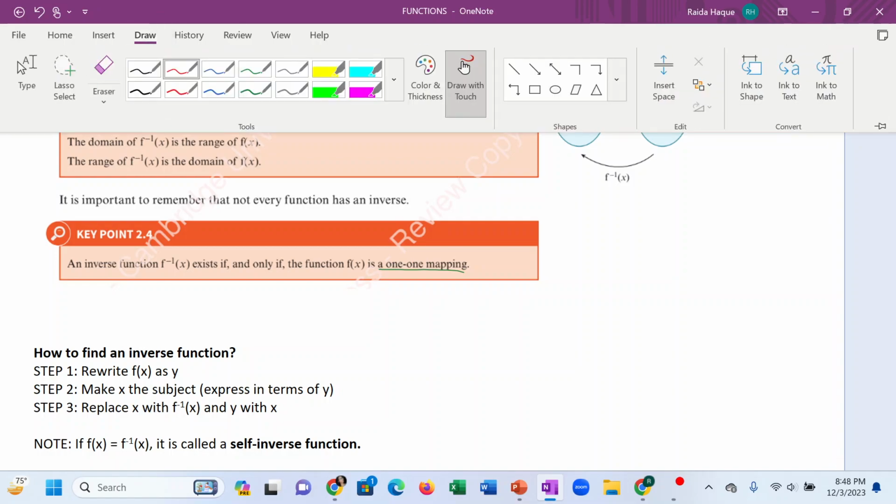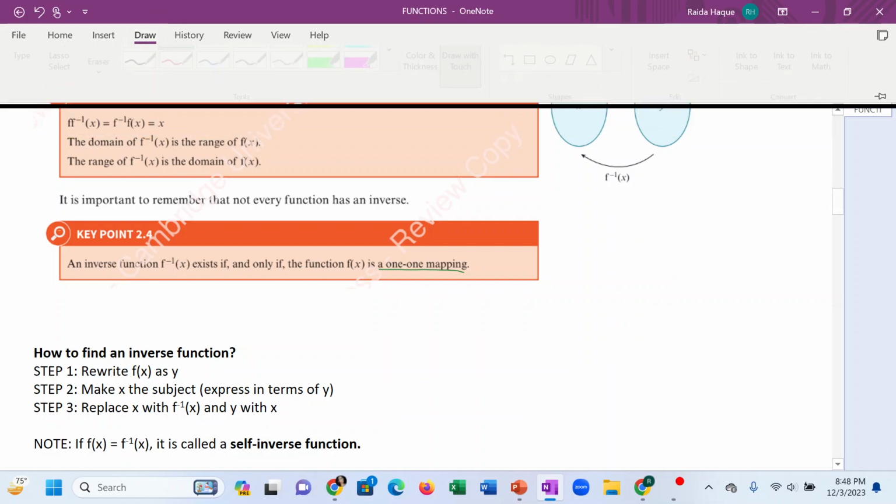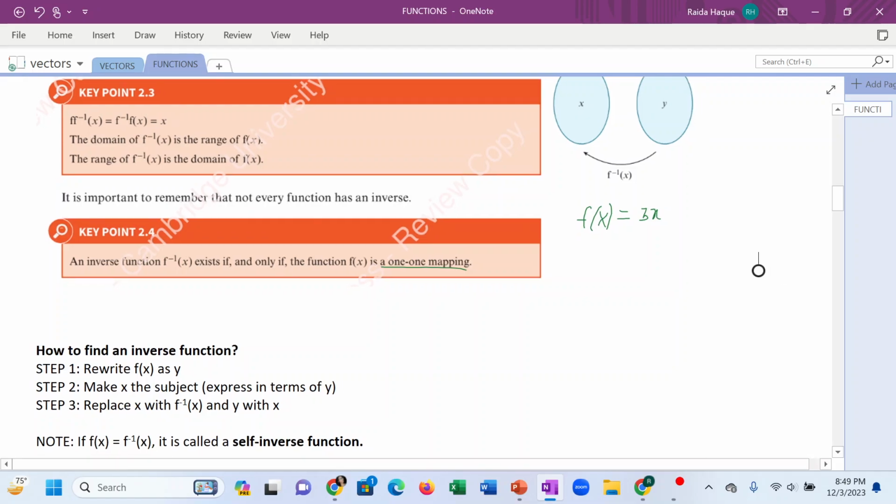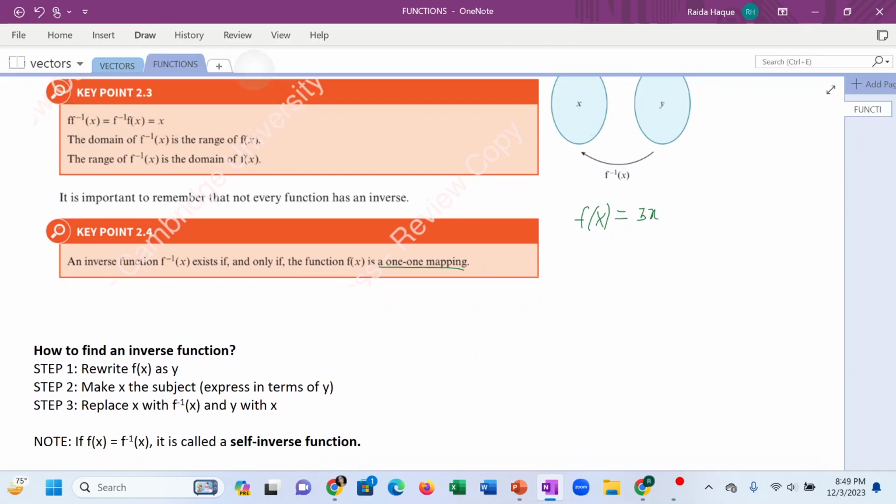So what do we mean by that? Let's say we have the function f(x) equals 3x plus 5. So over here, we go to step 1.